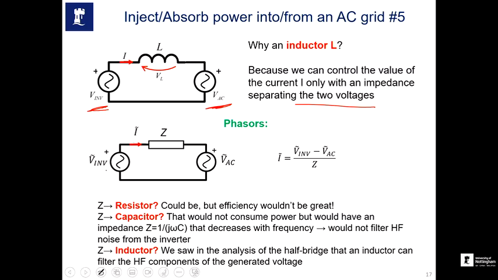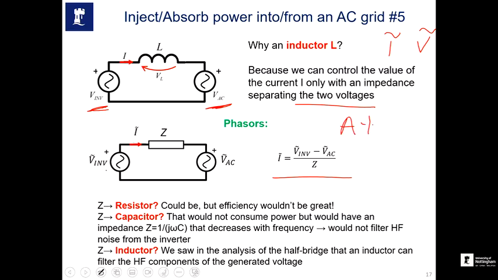So if we look at the current, simple, in phasor formula, now as soon as I put this sign on top of a variable, whether it's the current or a voltage, you know this is a phasor, okay? The phasor means it's not a fixed value. It's a complex number, okay?